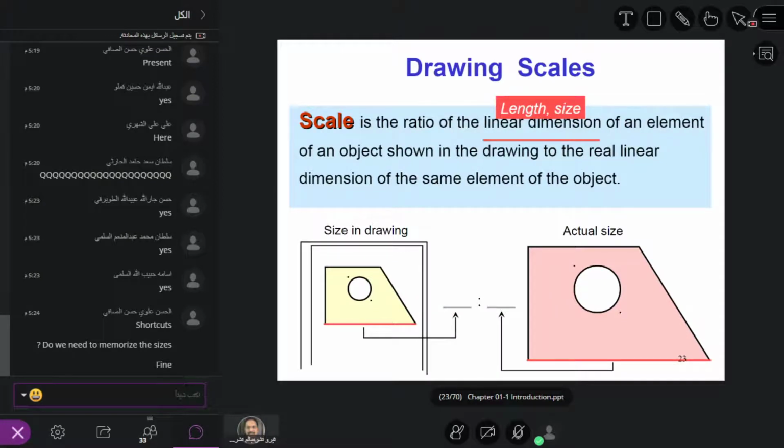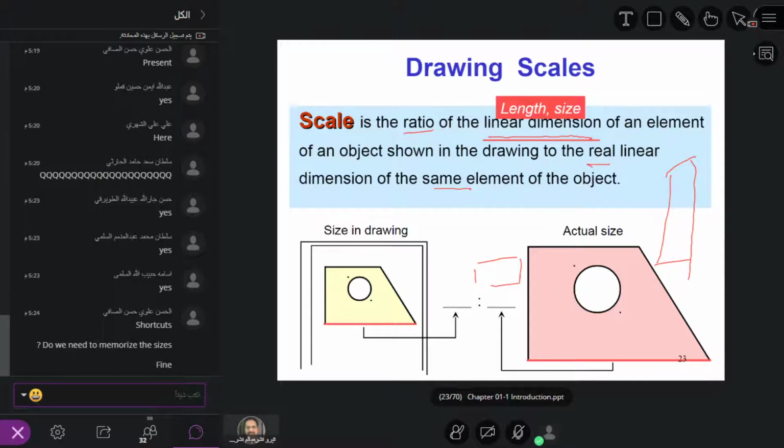The next important thing is scale. Scale, what is a scale? Any idea? I told you scale is the ratio of the linear dimension of an element to the real size. Remember, the engineers are trying to make a drawing of a building, and the building is so tall, but your paper is just an A3 sheet.